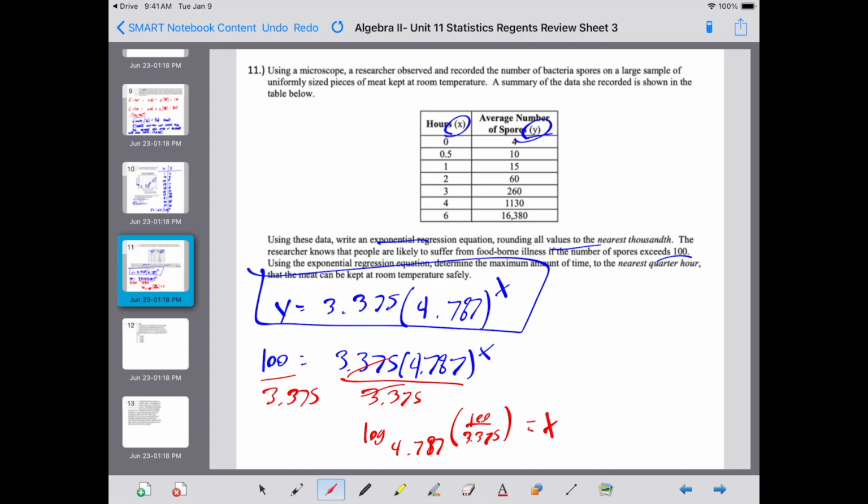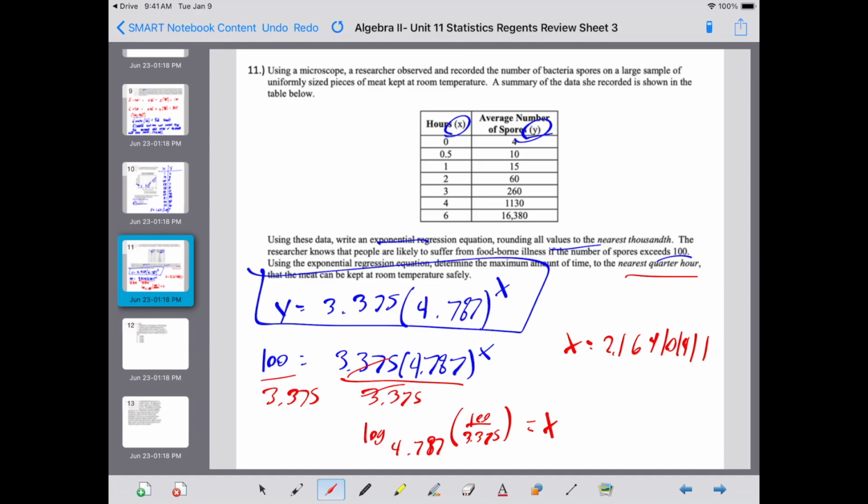Put that in your calculator. Go to math, go to log base. Type in 4.787, 100 divided by 3.375. And you get that x equals 2.164101411.